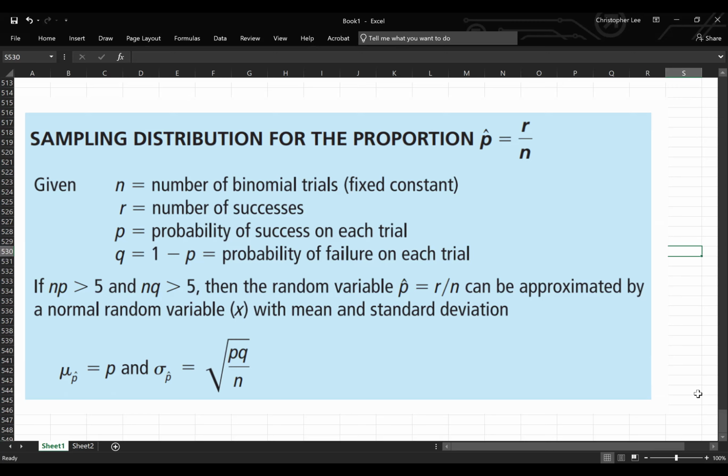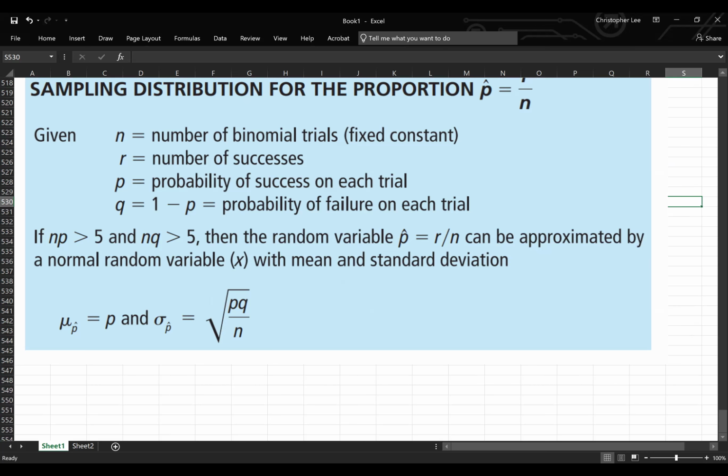If n times p is greater than 5 and n times q is greater than 5, then the random variable p hat, r over n, can be approximated by a normal random variable x with mean and standard deviation. The mean for p hat is going to be equal to p. The standard deviation for p hat, though, is the square root of p times q over n.